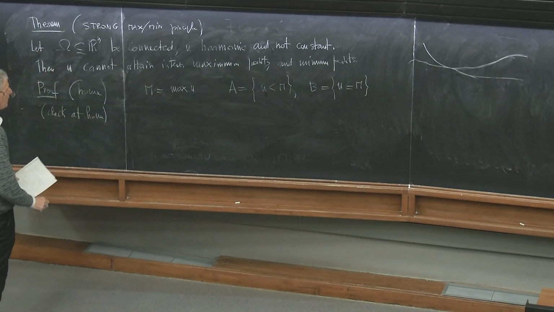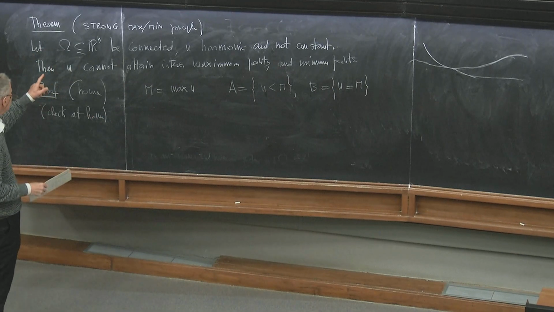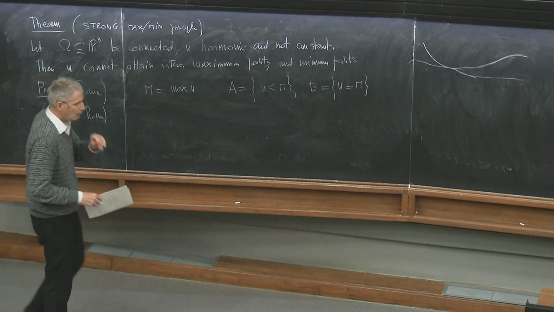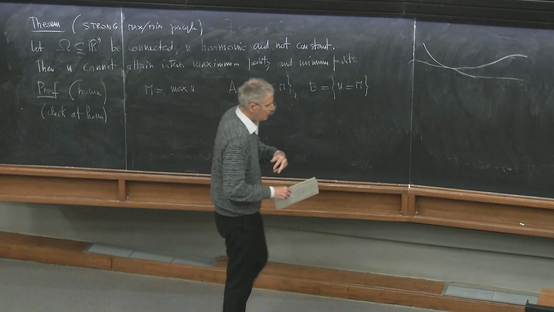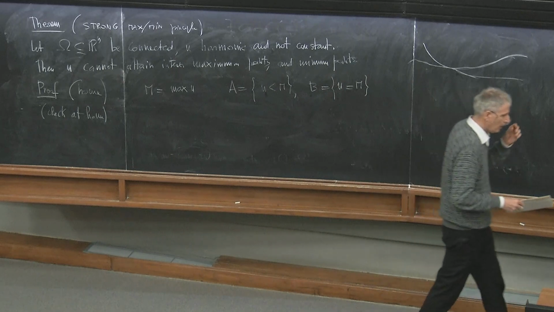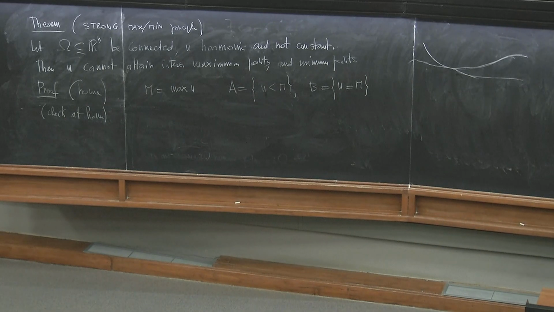Okay, this was the strong maximum principle. What I am saying is that this result was based on the use of the mean value formula. You remember? It was based on the use of the mean value formula.